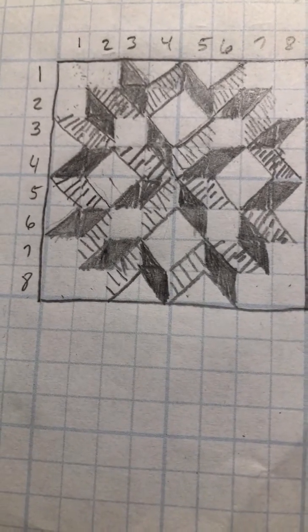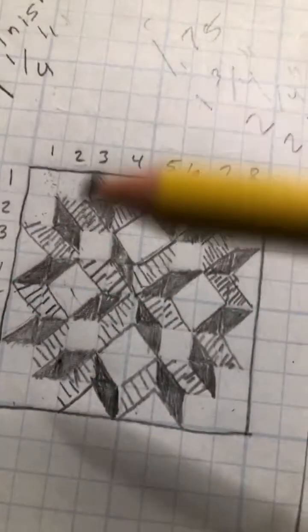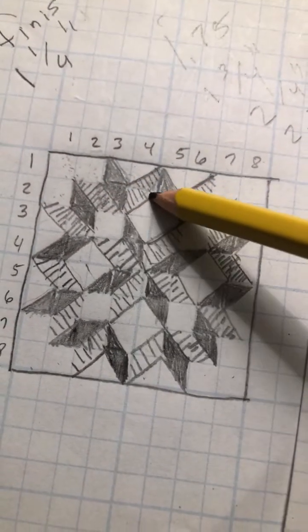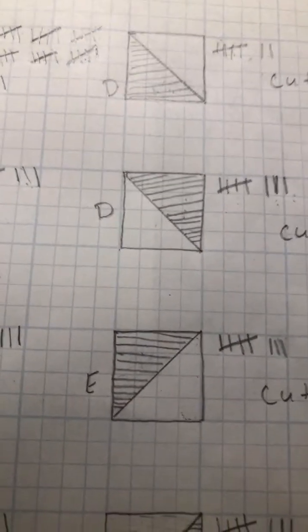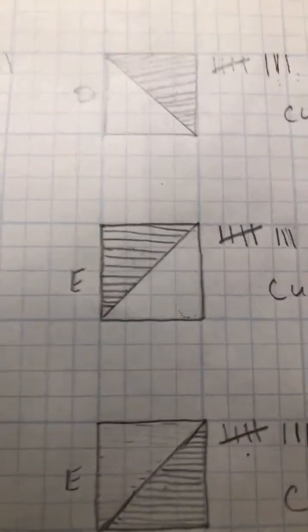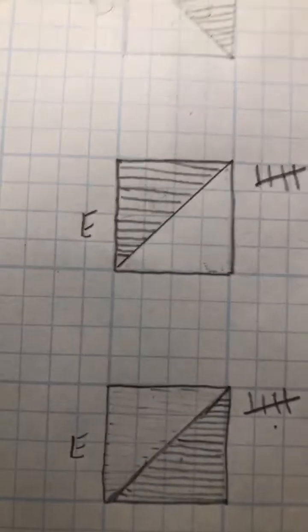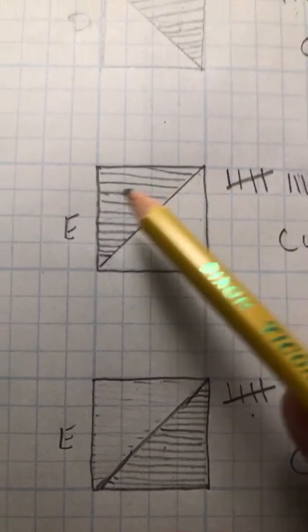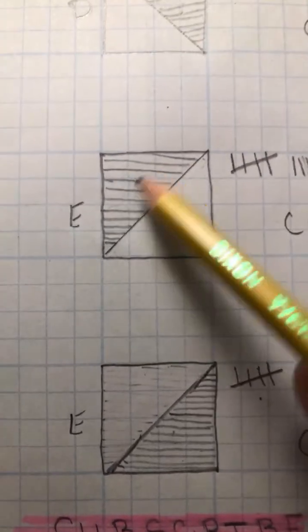Let me find it. Okay, there it is right there. And see that? And then you come over here. Yeah, okay, this one. You see how the seam line goes this way, and the printed design is on this side of the half square triangle.